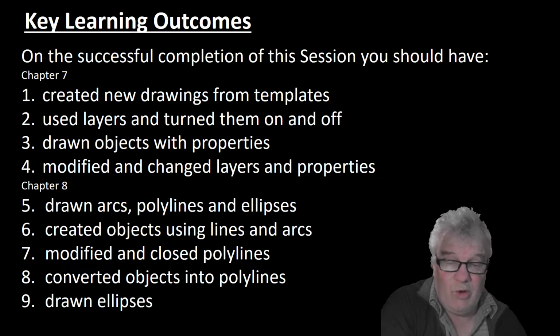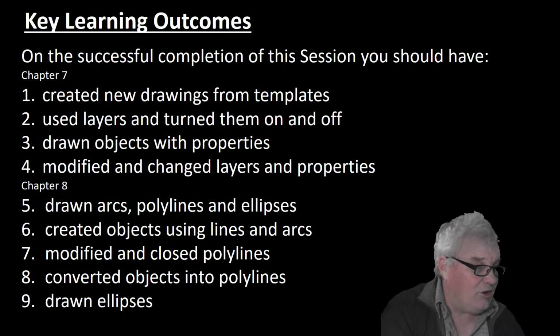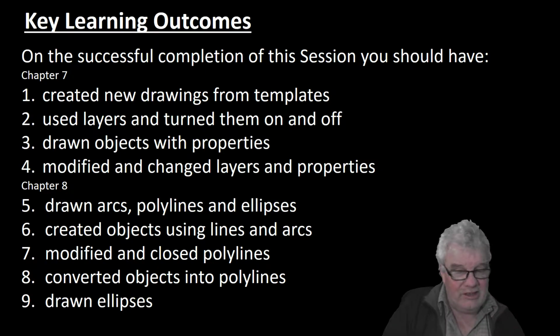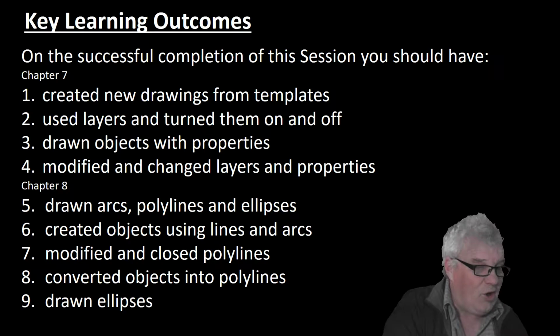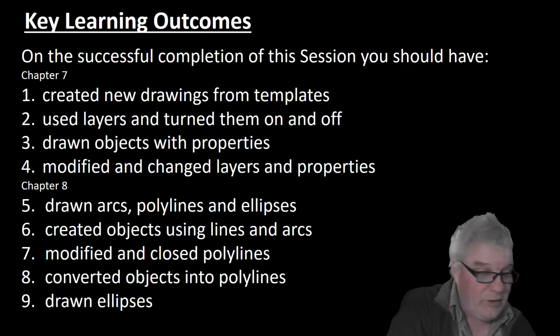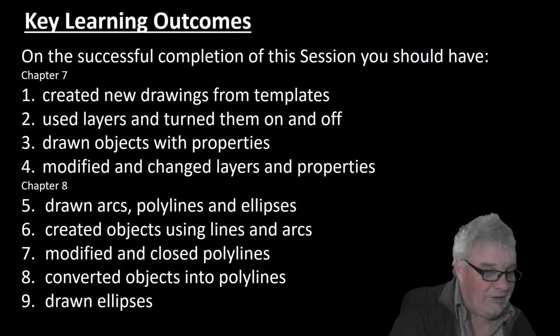And from those, we'll create objects using lines and arcs, and we'll modify and close polylines, so obviously change things around, copy them, and we convert various objects into polylines.